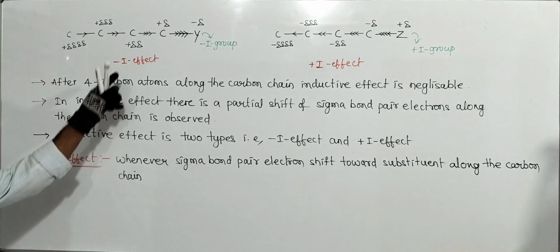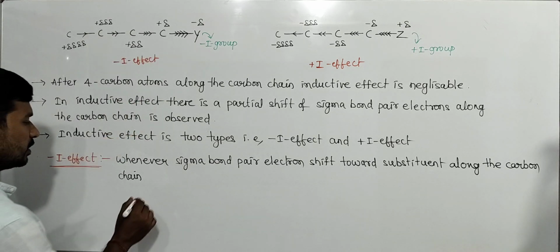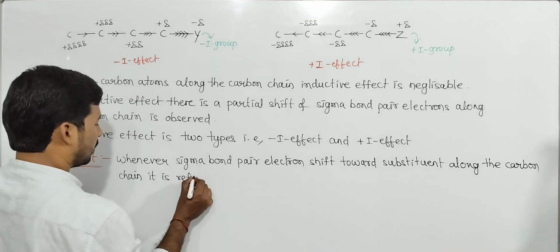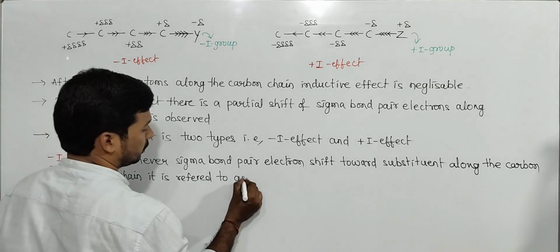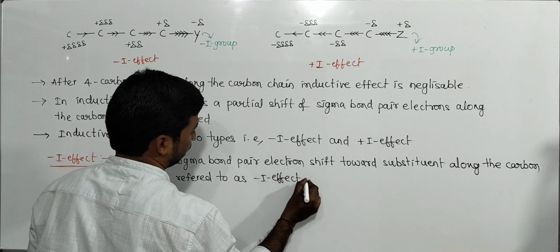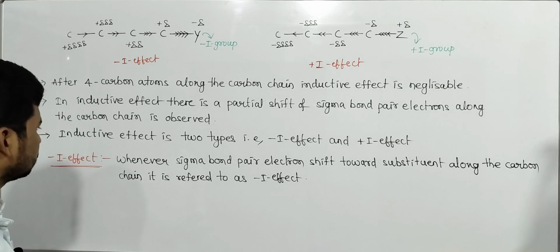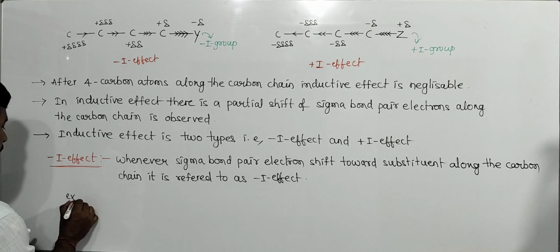When sigma bond pair electrons shift towards the substituent along the carbon chain, it is referred to as the minus I effect.